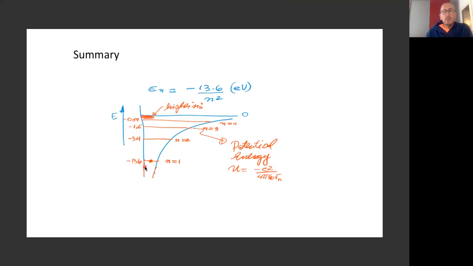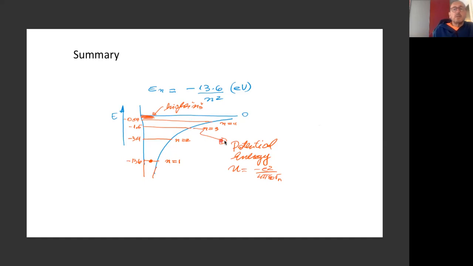minus 13.6 electron volts. This is an approximate way of looking at atoms, but actually when one does a more sophisticated, more accurate model in terms of the theoretical description, we get to the same description for the energy levels, but a very similar description of the atom as a whole.